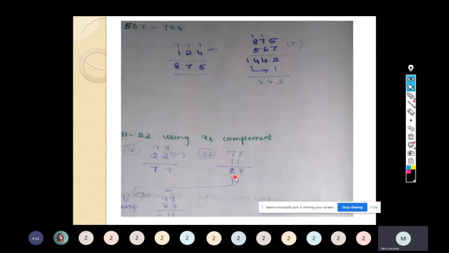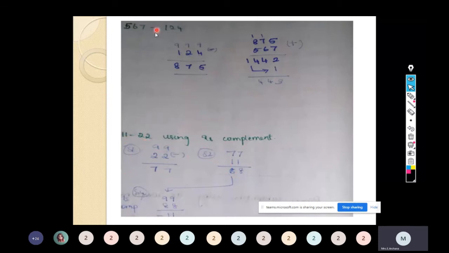If there is no carry, once again we have to take 9's complement for the obtained result. What is the result here? 88. So 99 minus 88 is 11. Put a negative sign because we are subtracting a smaller number minus bigger number. So the logic is the same, but we are implementing it in a different way.